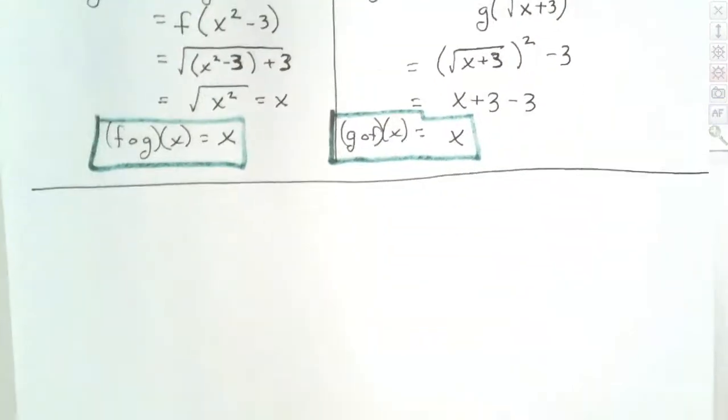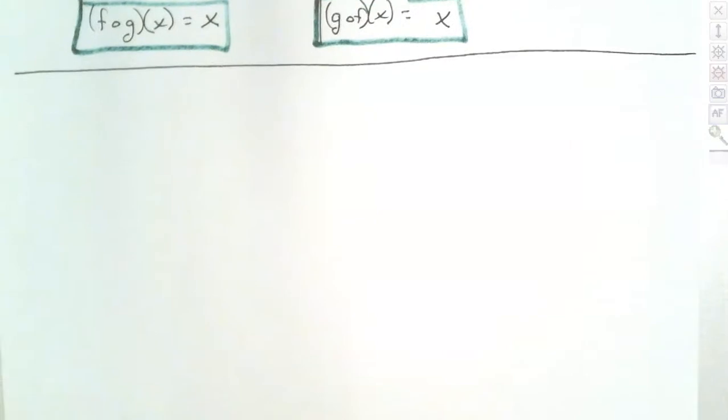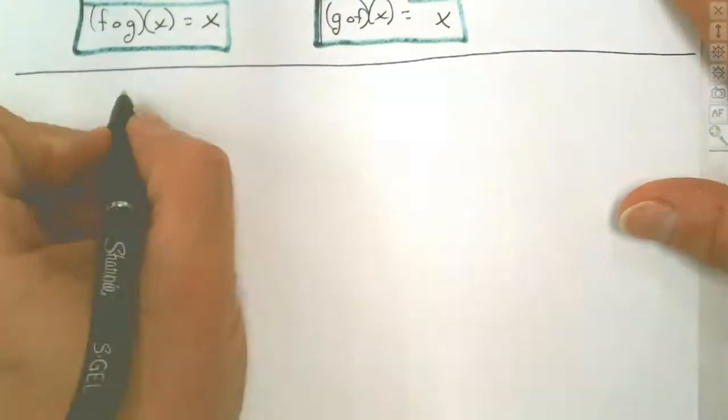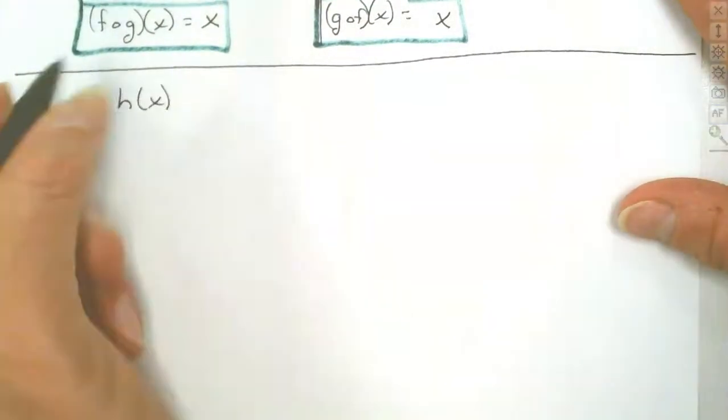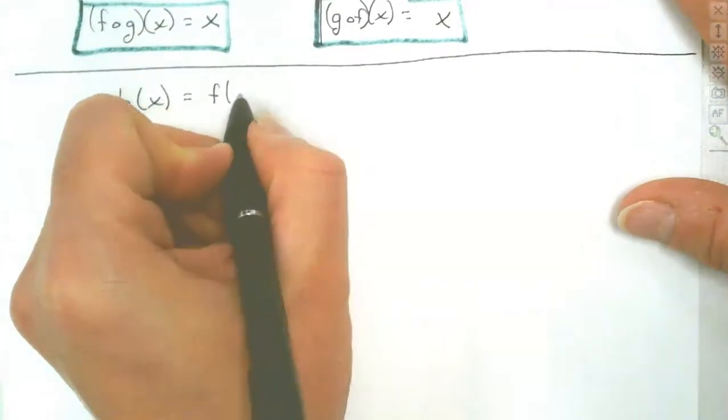Now we're going to work backwards. So now I'm going to give you a function, and you need to tell me what two functions it could have come from. And there's lots of different answers on these. It's just order of operations. So we're going to let h of x be f of g of x.